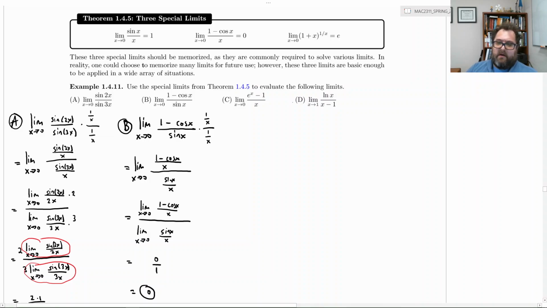We need to somehow transform, let's look at example C first. We need to somehow transform this limit such that we can take advantage of this limit.